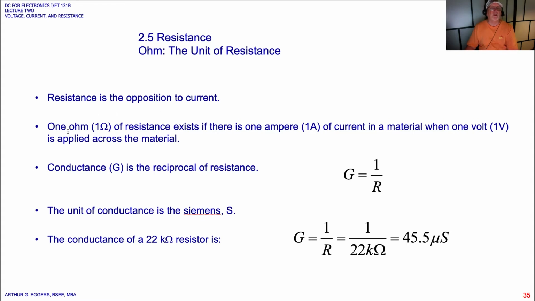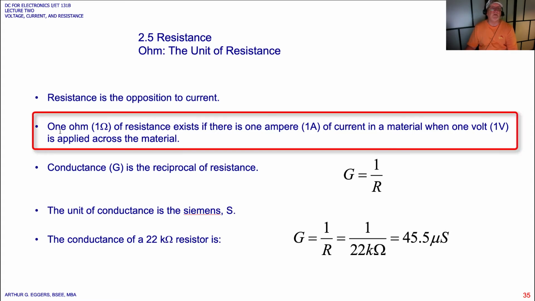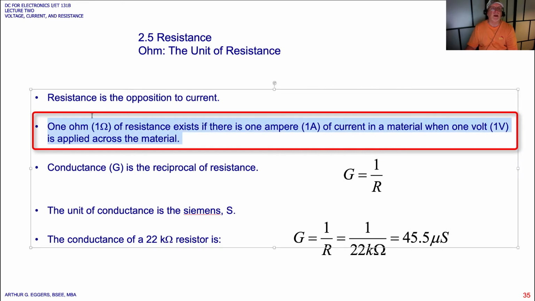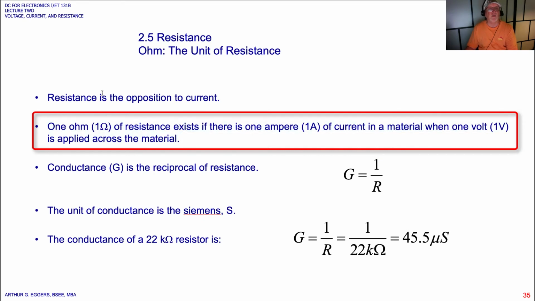So again, we're going to create everything in terms of one ohm, and you can see the letter here, omega, that we use to define the ohm. One ohm of resistance exists if there is 1 ampere of current in a material when 1 volt is applied across the material.